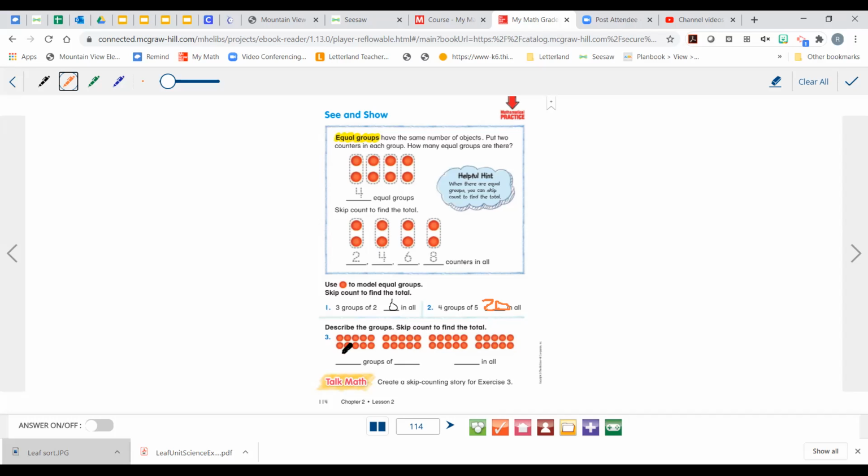So here we have to fill in how many groups we count. And then "of" is how many is in each group, the equal amount. If I count this, 1, 2, 3, 4, 5, oh, this looks like a ten frame. So there are 10 in each one of these, isn't there? So I've got 4 groups of 10. So I'm going to write the 10 here.